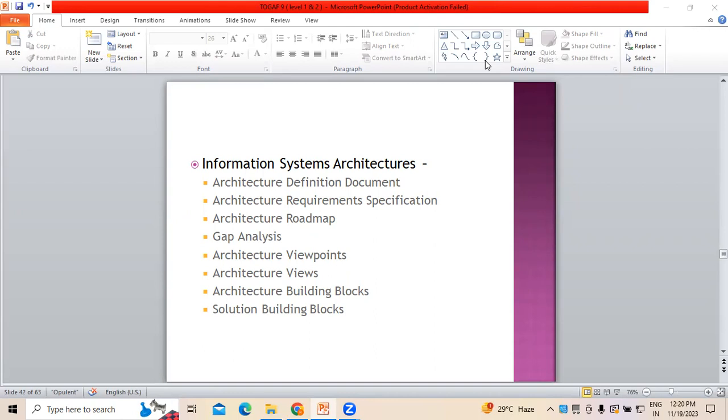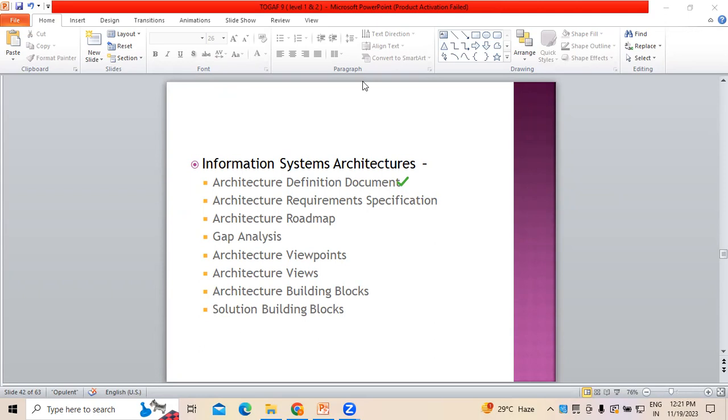So when we talk about information systems architecture, we need to prepare an architecture definition document, and how we are going to define it is something essentially important that one has to understand.